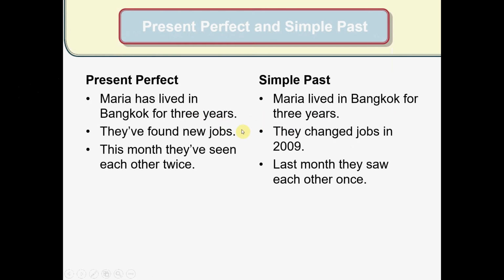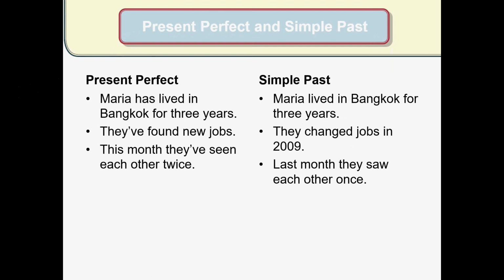Now, which example describes something that has no connection with the present? It's Maria lived in Bangkok for 3 years. What tense does it use? The simple past.